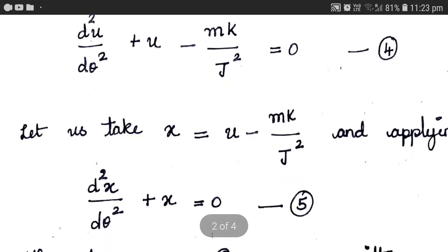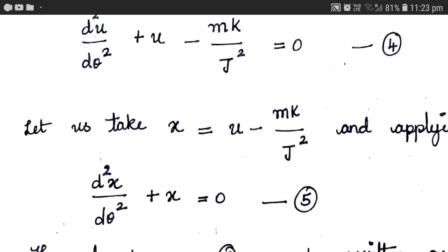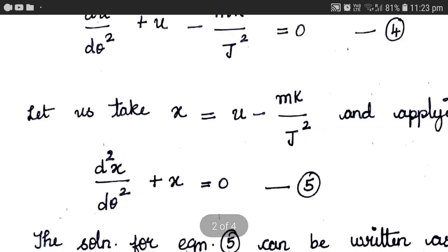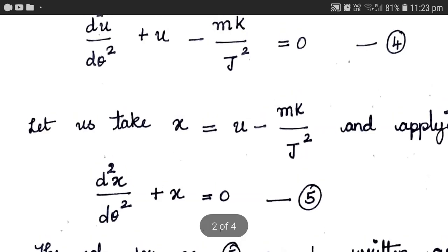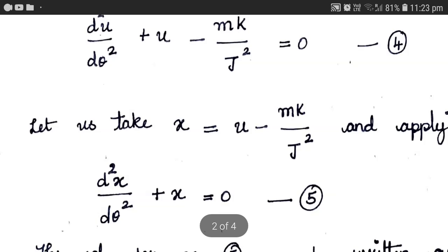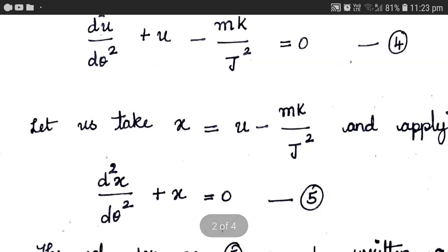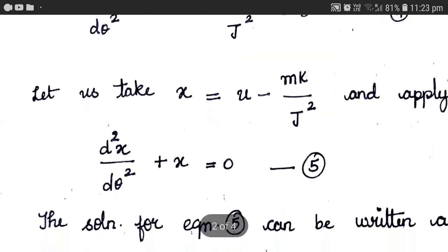And if you differentiate x with respect to theta twice, we get d square x by d theta square is equal to d square u by d theta square. So we can rewrite equation 4 in terms of x as d square x by d theta square plus x equal to 0.